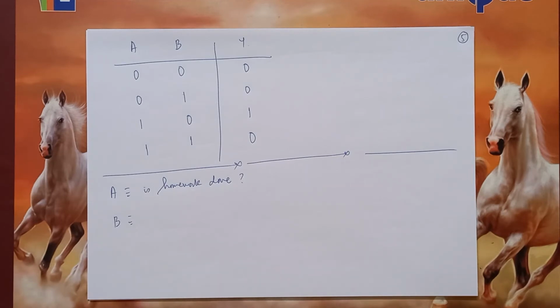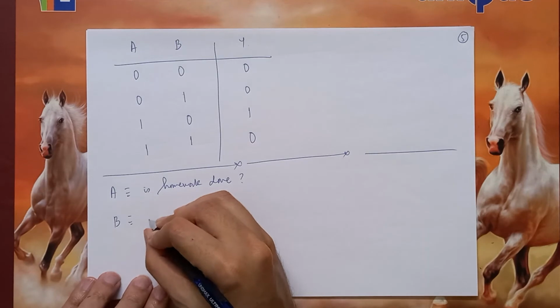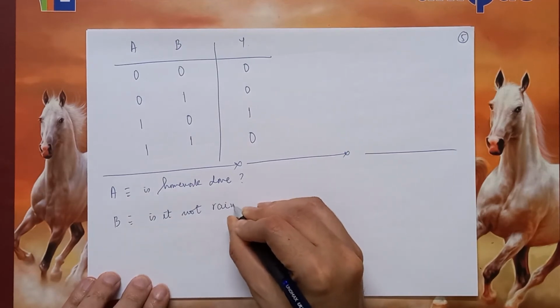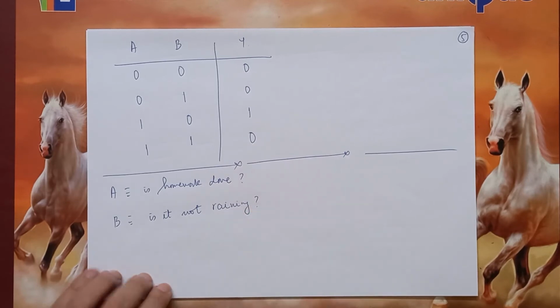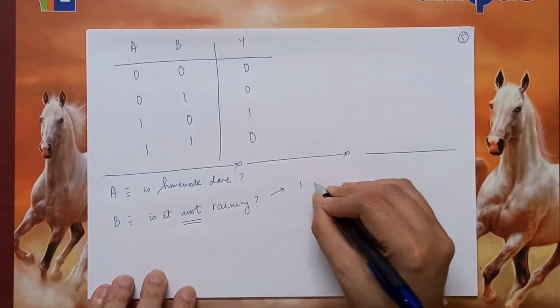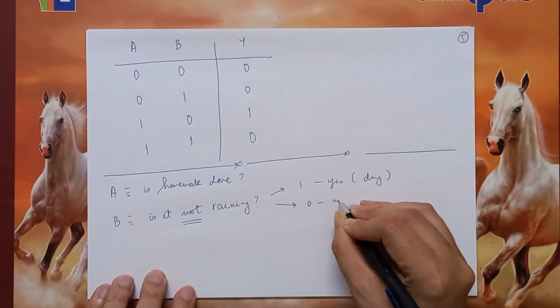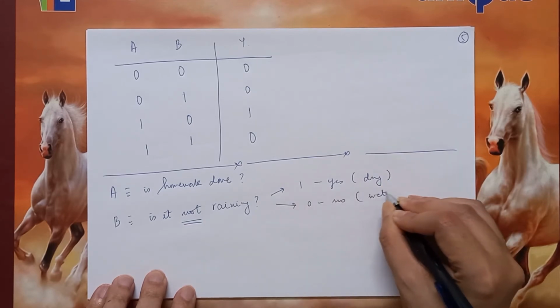But rather than looking for is it raining, which is not a favorable condition for the movie, I will look for the favorable condition. Is it not raining? Because here not is very important. 1 means yes, it is dry, and 0 means no, it is wet outside.